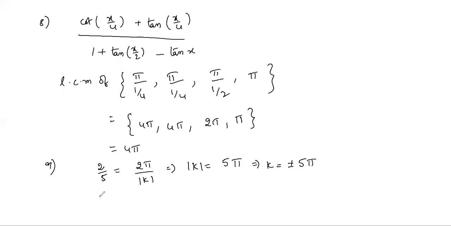So the cos function means plus or minus cos of kx, which is plus or minus cos of 5 pi x. Plus or minus cos, both are the same. So cos 5 pi x.